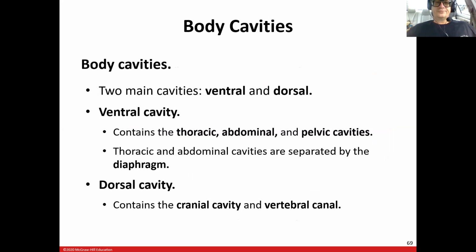So we've got two main body cavities: ventral, which is closer to the front of the body, and dorsal, which is closer to your back. The ventral cavity is the thoracic, the abdominal, and the pelvic. Remember that abdominopelvic is one space, one cavity, but there's an abdominal region and a pelvic region.